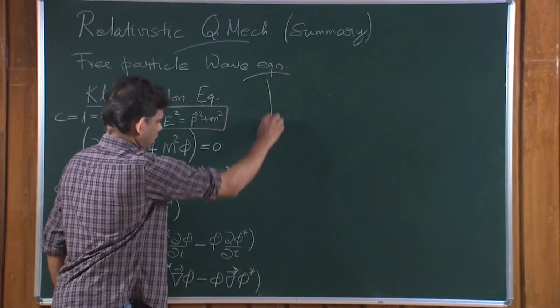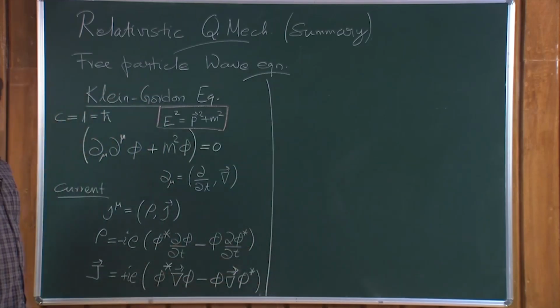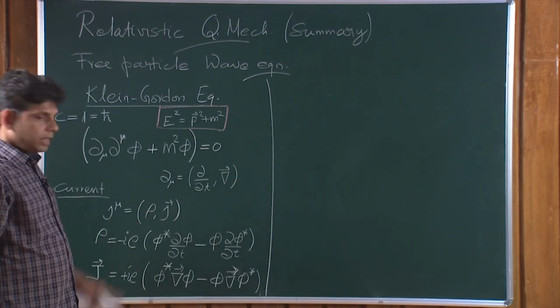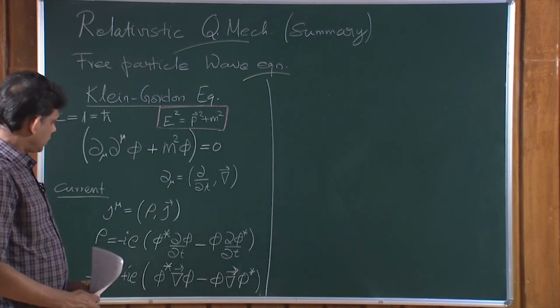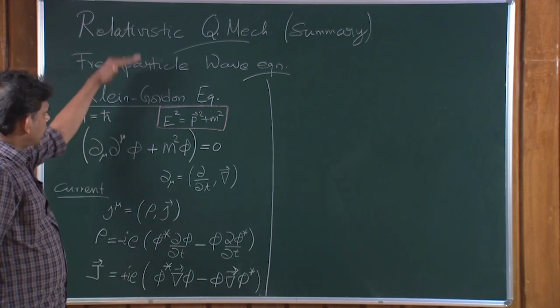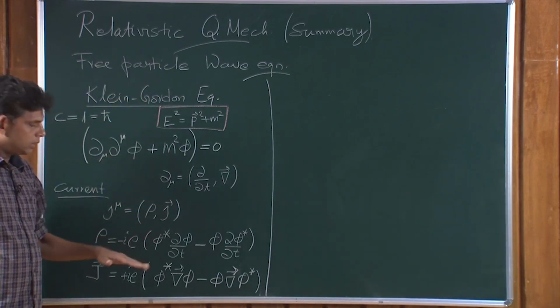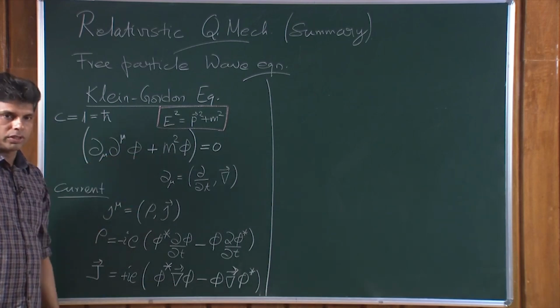This is something which we had already seen earlier. So, I am not going to explain this any further, but essentially we had looked at the Klein-Gordon equation in detail at some point, and these are some of the things that we had discussed there.